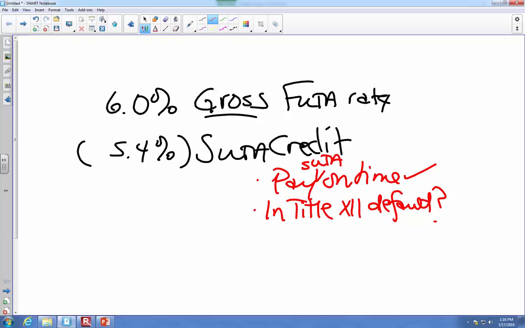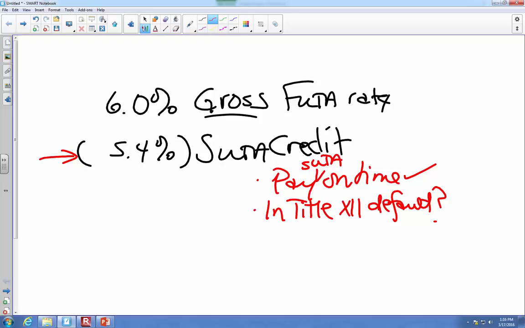So now what do you want to ask me? What does that do to this? Yeah, how many years in default are you? So from the time you get the money, you have 2 years to start paying it back. Okay? And if you don't start paying it back in that time period, then you go into default.